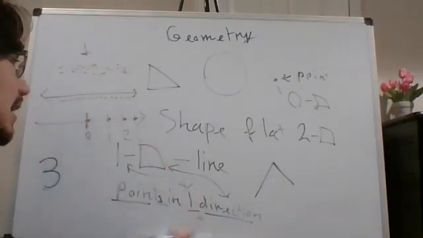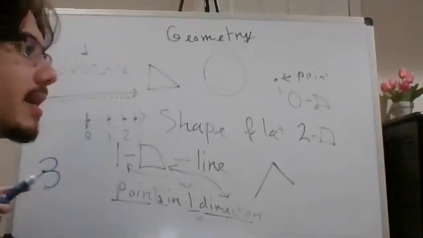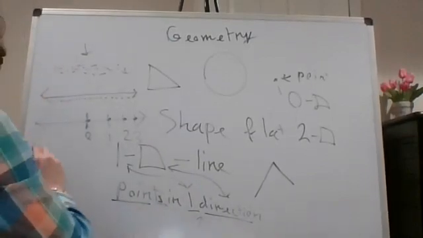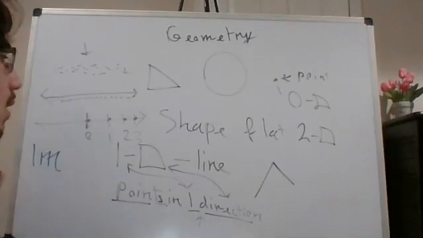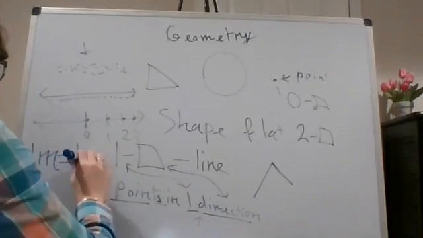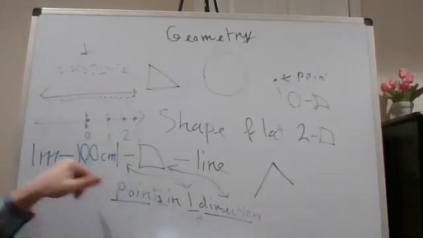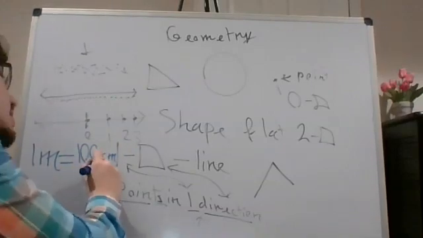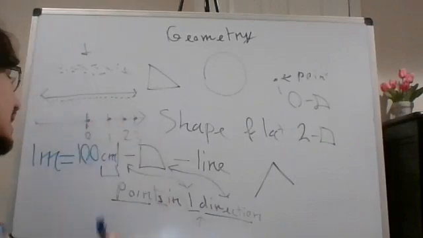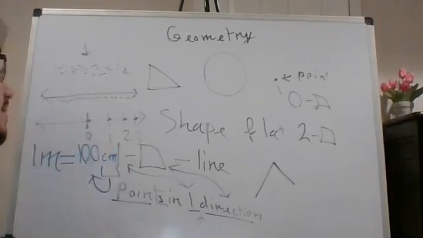So if we had a meter stick, we couldn't just say the meter stick is 100. We have to say that the meter stick is 100 centimeters. When we say 100 centimeters, we are saying centimeters describes a line, and the line is the length of the quantity of 100 centimeters.